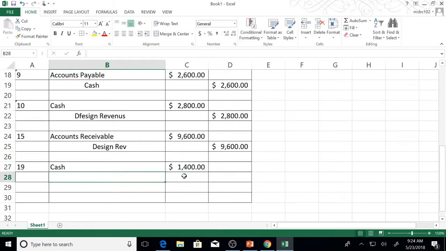Unearned design revenue, for 1,400. So we have a new account now, unearned design revenue.